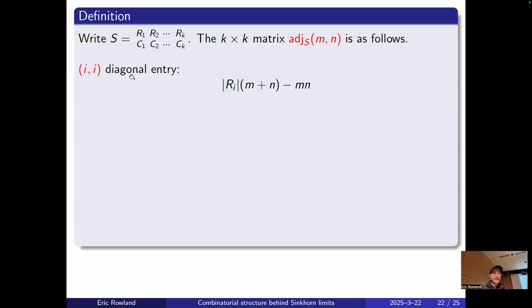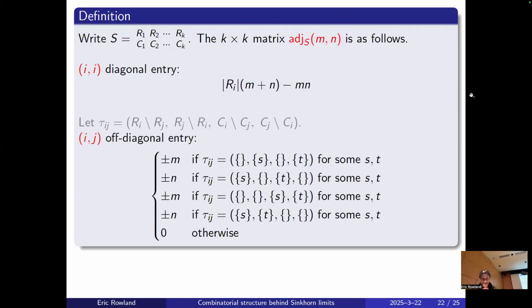The diagonal entry ii is going to be the size of the ith minor specification times n plus n minus mn. If you remember back to the example we did, it was just minus mn because the empty set has size 0, so this term disappeared.